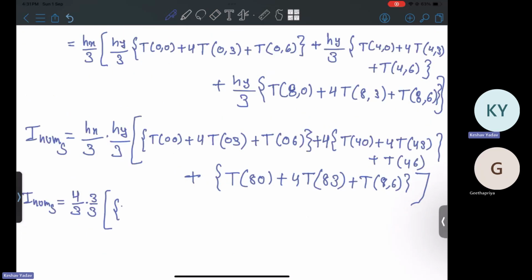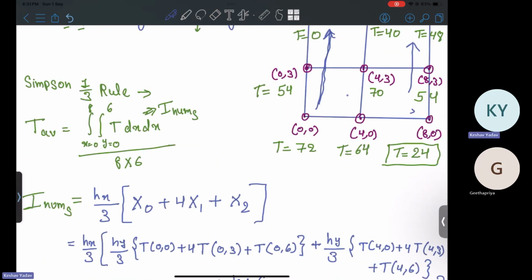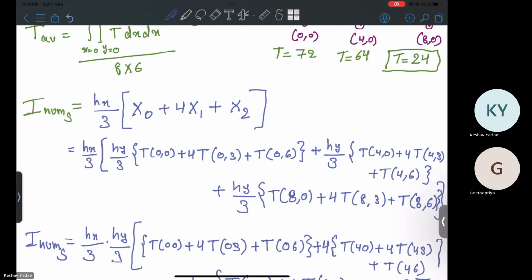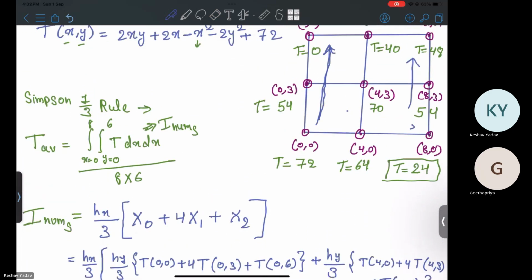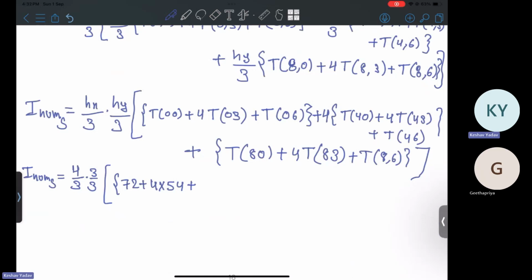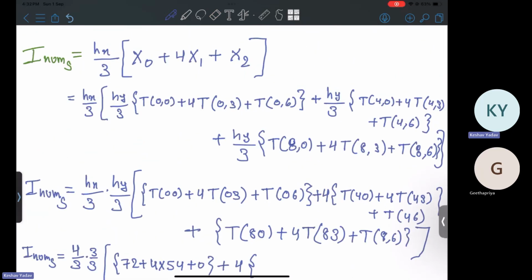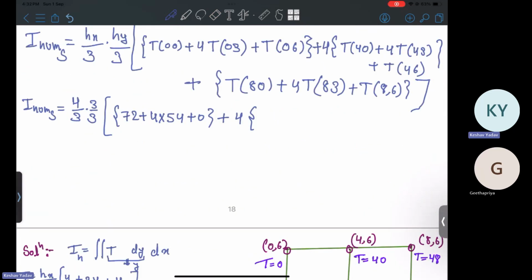T(0,0) is 72 plus 4 times T(0,3), 54, plus 0, plus 4 times, in the curly bracket, T(4,0), 4 comma 0 is 64.